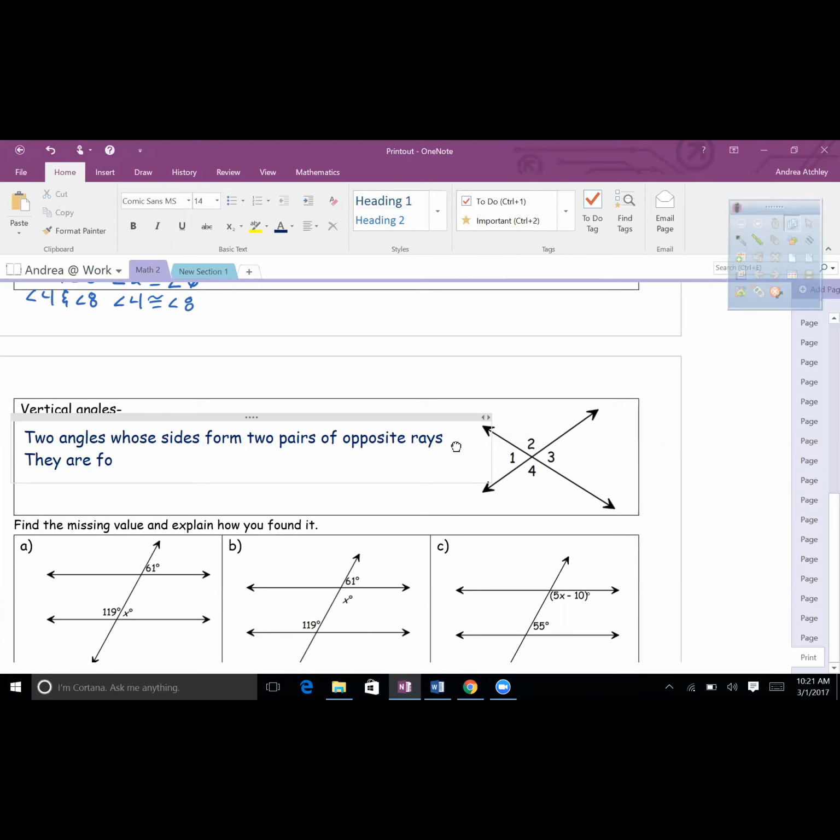They are formed when two lines intersect.